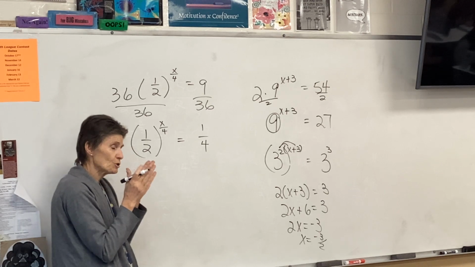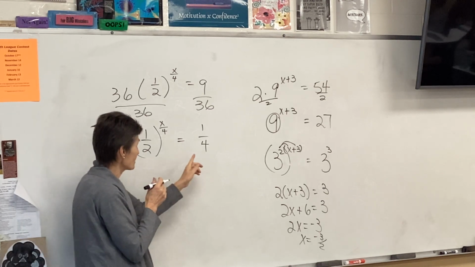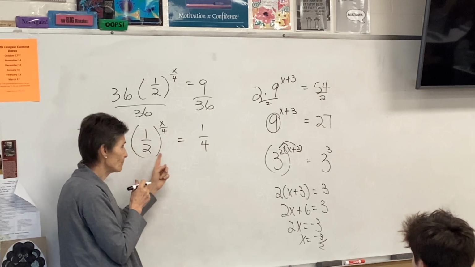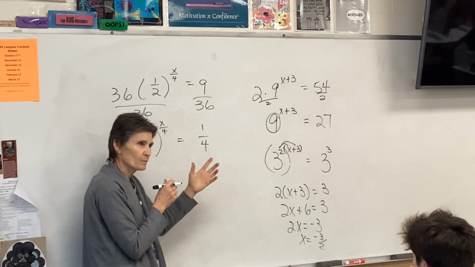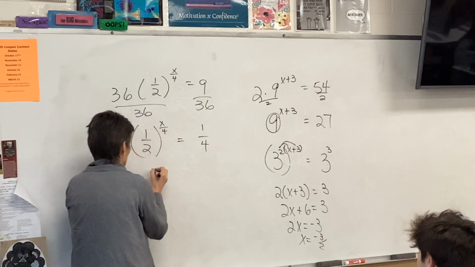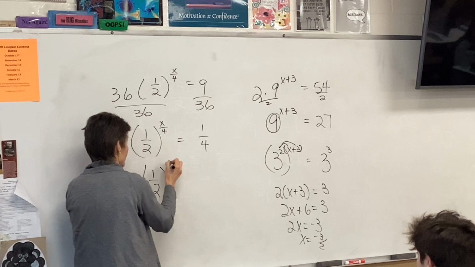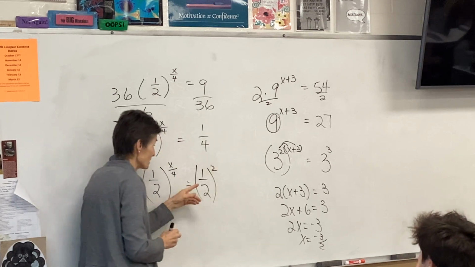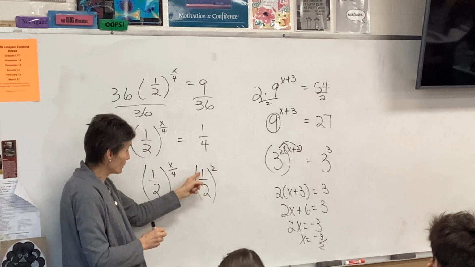Now, your heart should be joyful because look what you got over here, 1/2. What's 1/4? It's 1/2 squared. Let me write it so you get a feeling for it. Because if you square 1/2, don't you get 1 over 4?